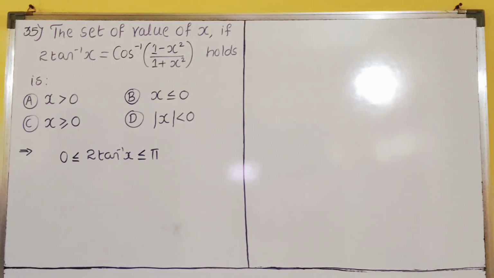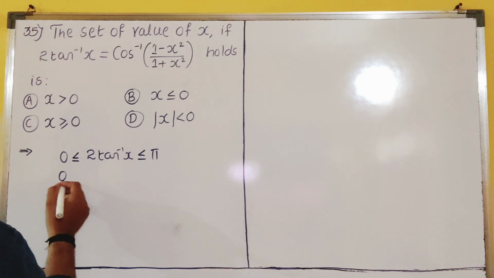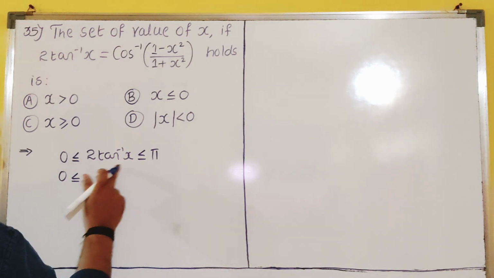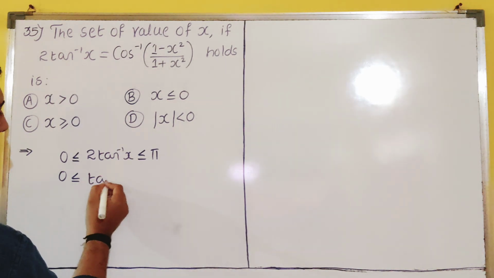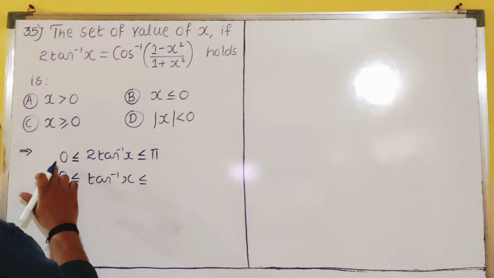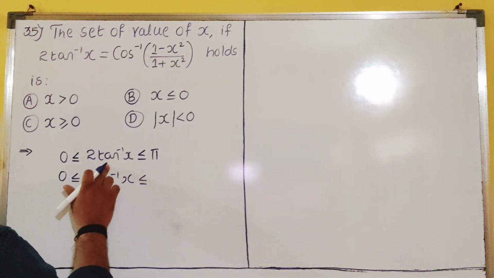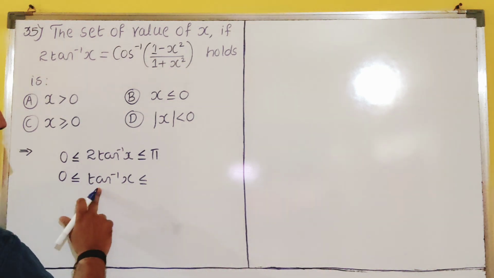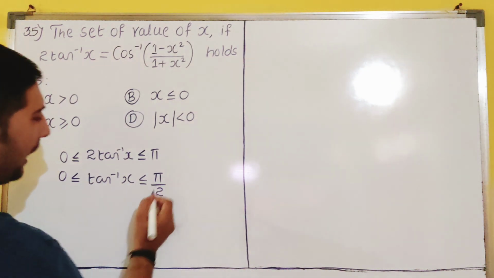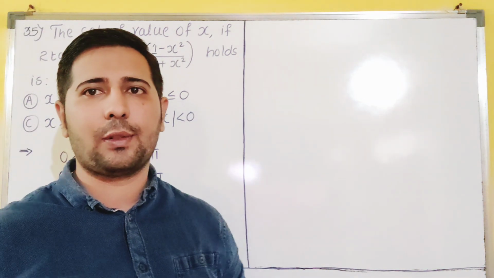I have to find the x value, so I have to divide by 2, dear students. 0 by 2 is 0, 2 tan inverse x by 2 is tan inverse x. I will not show you dividing by 2 here; you have to remember 0 by 2 is 0, the 2 gets cancelled and tan inverse x remains, and here also you have to divide by 2, pi by 2. I am dividing the whole equation by 2, dear students.